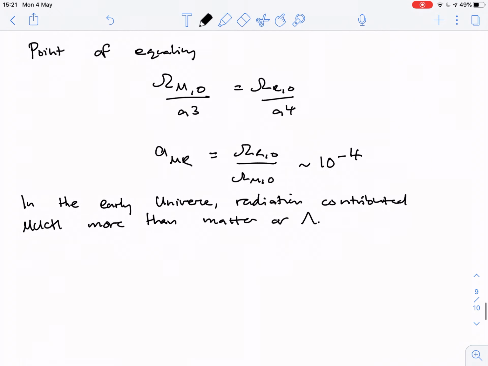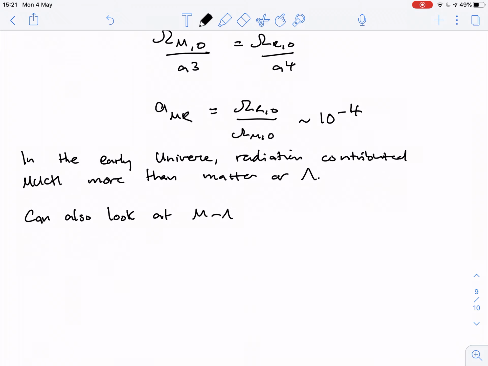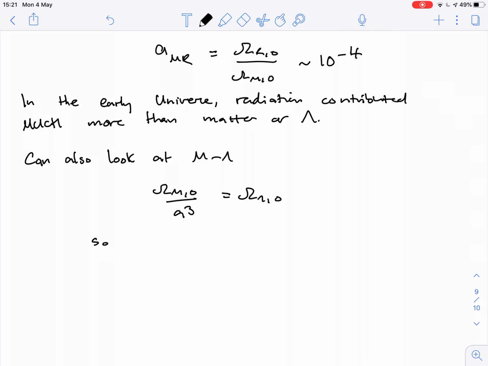We can also look at matter-lambda equality, i.e. omega m0 over a cubed is equal to omega lambda 0. So omega m0 over omega lambda 0, to the 1/3, is equal to this a m lambda, and that's about 0.72.